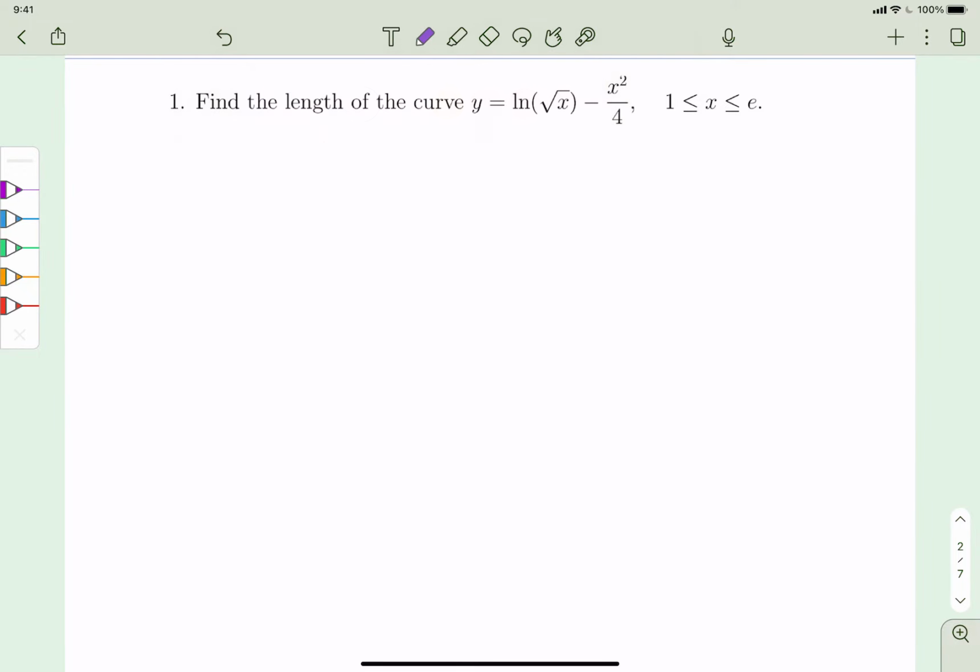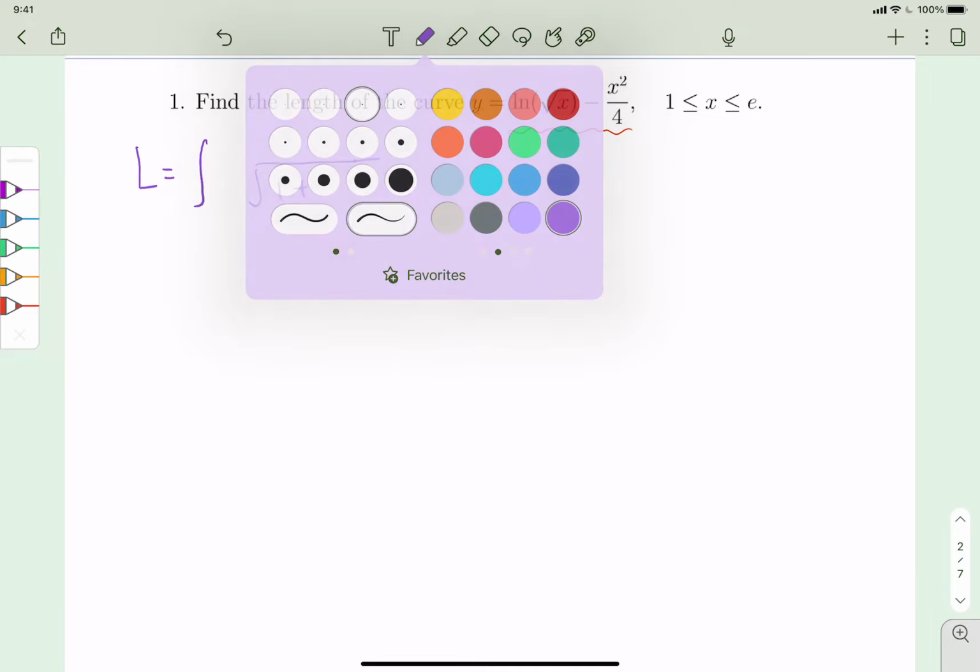So we'll write out the formula first. That is L equal to the integral of the square root of 1 plus dy over dx or dx over dy, depending on the situation. Because in this question the curve is expressed in terms of x, we will do the integration in terms of x.